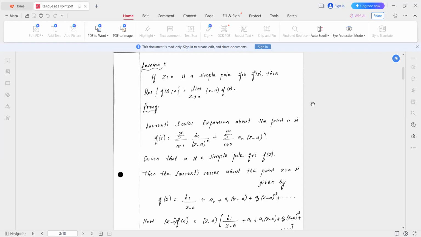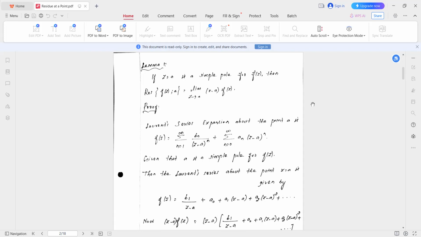About the origin means we can simply write it as z. If a particular point is given, you have to expand the function f of z with respect to that point. Okay, so this is the Laurent series expansion for the function f of z, and also given that z equal to a is a simple pole for f of z.